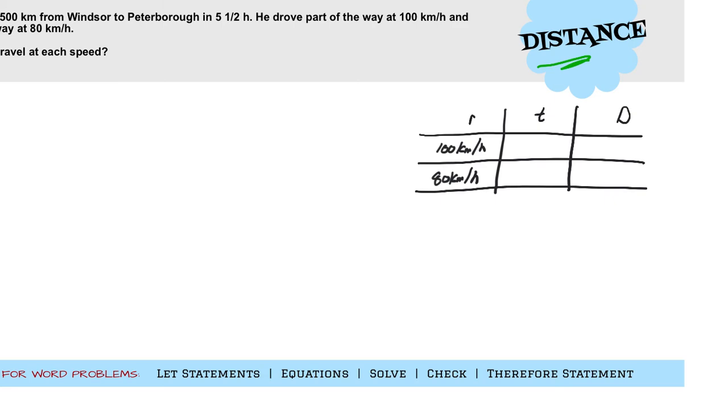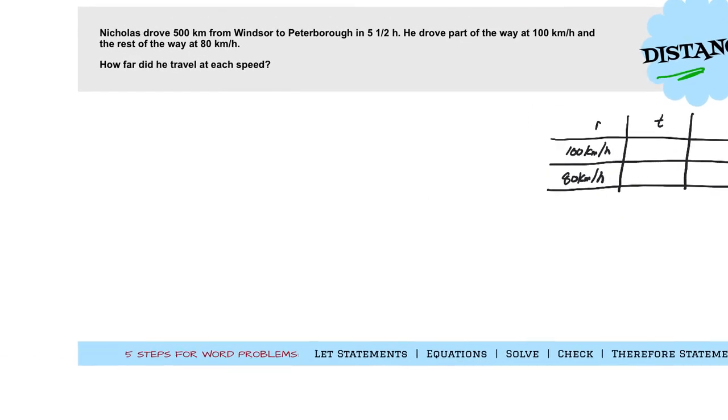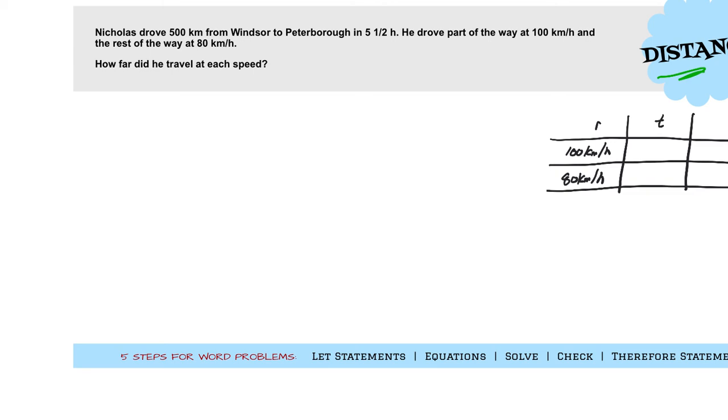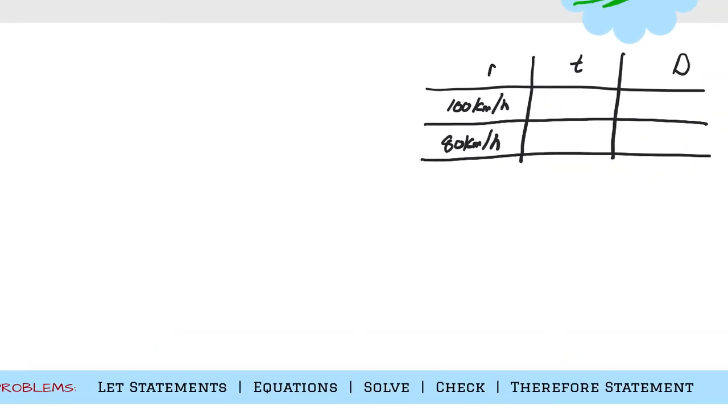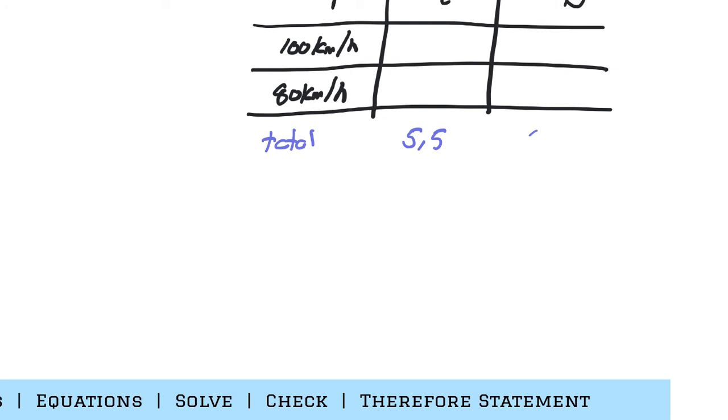I don't know the distance at which I traveled at each speed, and I don't know the time that I traveled at each speed, but I do know, in this case, that the total time was 5.5 hours, and that the total distance was 500 kilometers. So I'm going to use that information and just augment my chart a little bit. So I know that my total time was 5.5 hours, and my total distance was 500 kilometers.